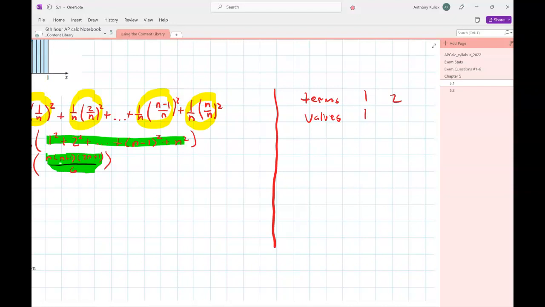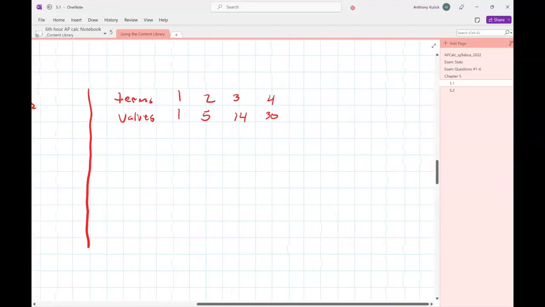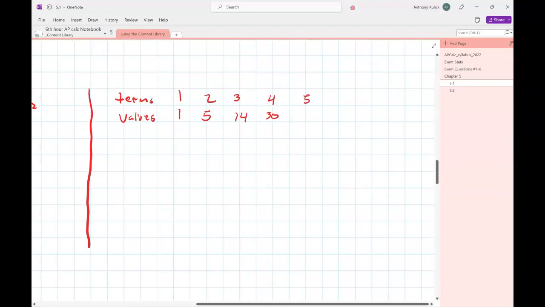The second term is 1 squared plus 2 squared. That's value is 5. The third term is 1 squared plus 2 squared plus 3 squared. That's 14. And then we'd have 30. And then 55. Is that 30's not right, is it? Yeah, that's got to be right. And then 91.